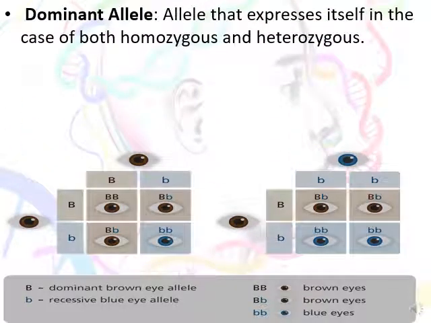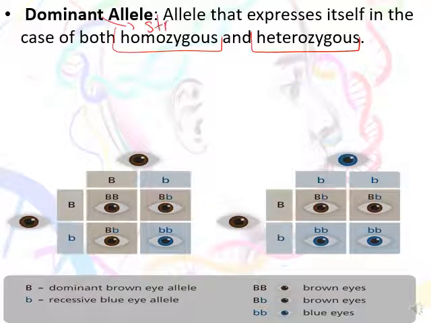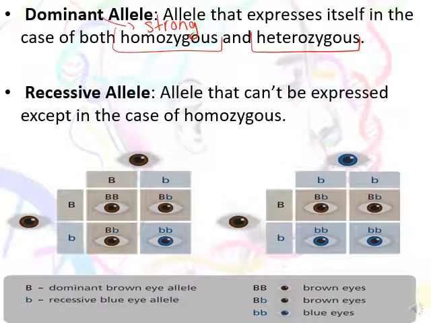Here, let's talk about the dominant allele. The dominant allele is the allele that expresses itself either in the homozygous or the heterozygous case. So I said that the dominant allele is the strong allele. It can be expressed when we have two strong, or when we have one strong and one weak. Recessive allele.